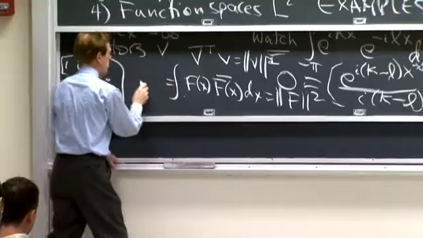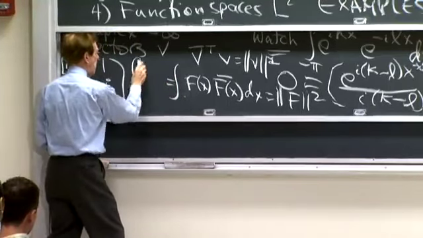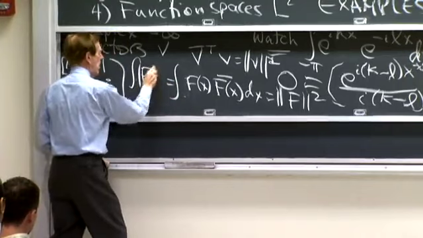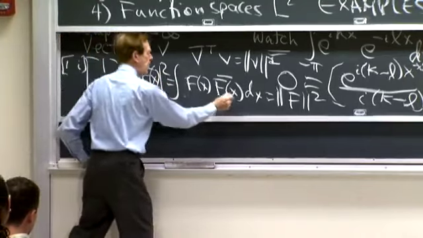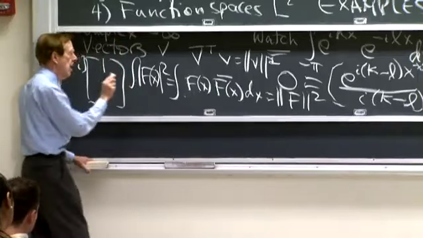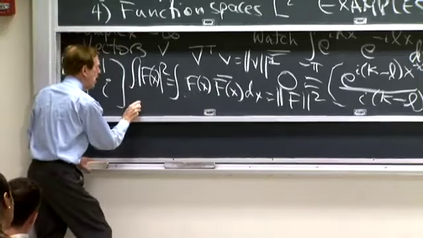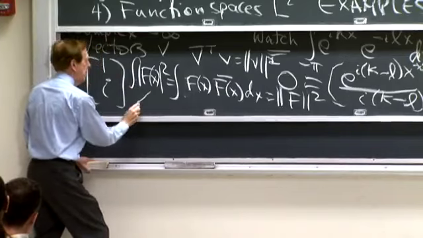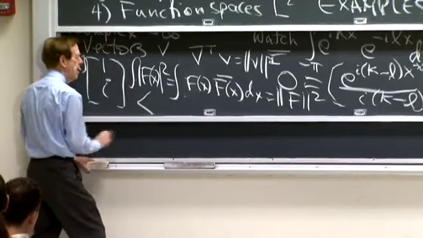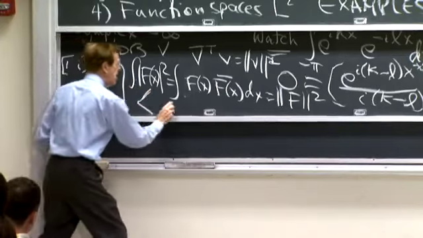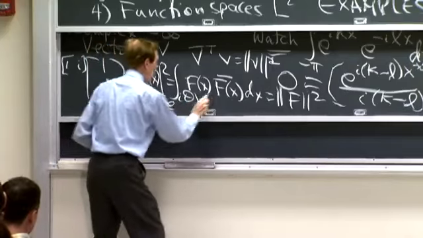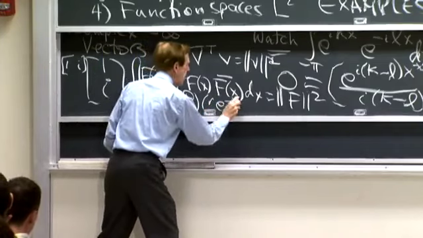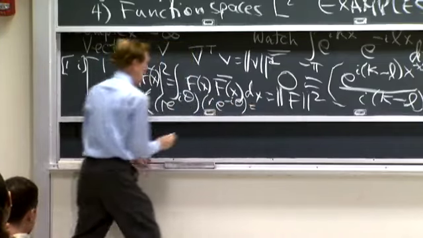And of course I can rewrite that. We have this handy notation for f times its conjugate. It's like r e to the i theta times r e to the minus i theta. The product of r e to the i theta times r e to the minus i theta is what?